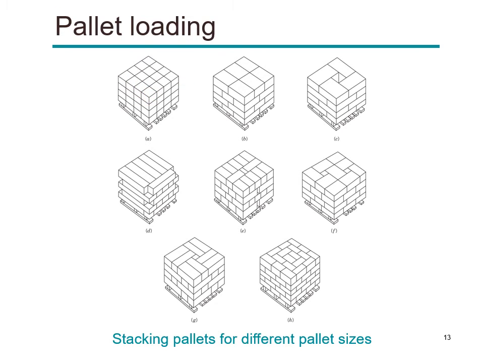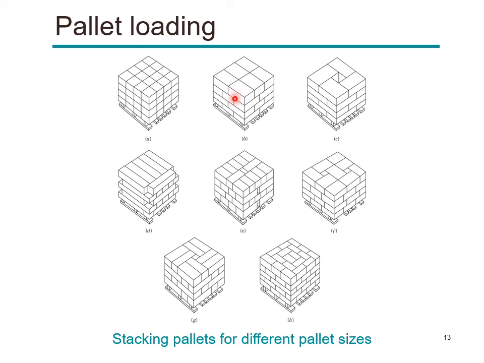But in this type of loading, you can consider the stability of the load because they are independent of each other, which means that this column over here can fall down easily, and these containers are not connected to each other, so they can fall down. In order to increase the stability of such loads, usually stretch films or shrinkable films are used to increase the stability of the load.